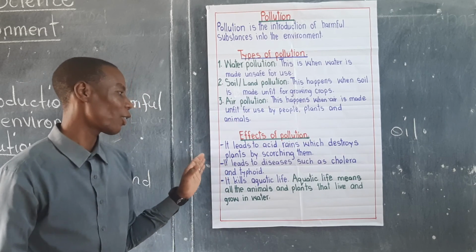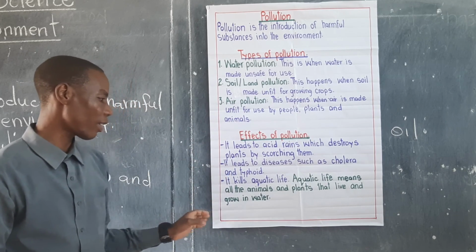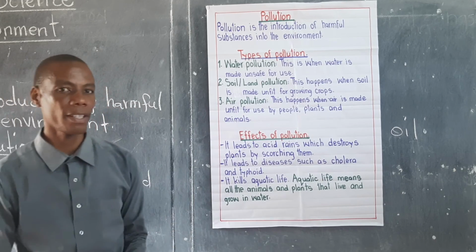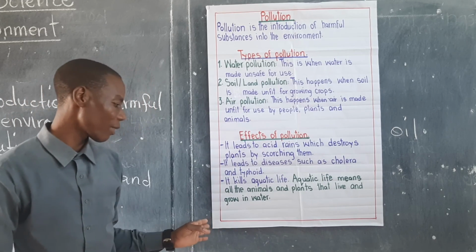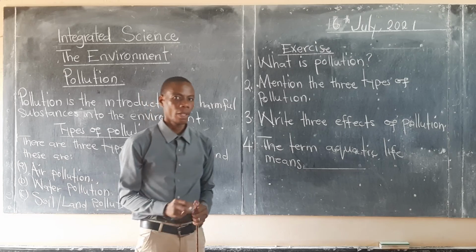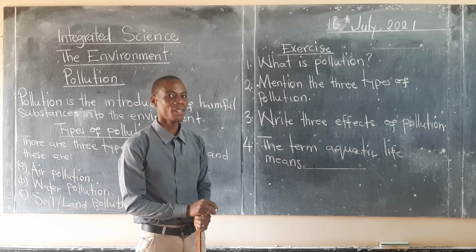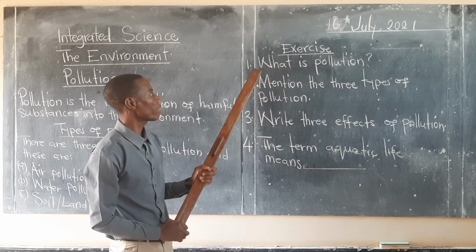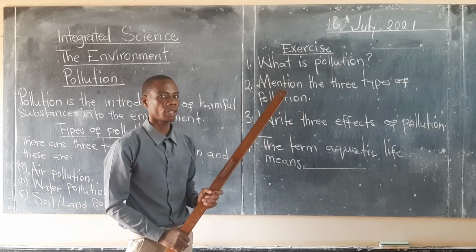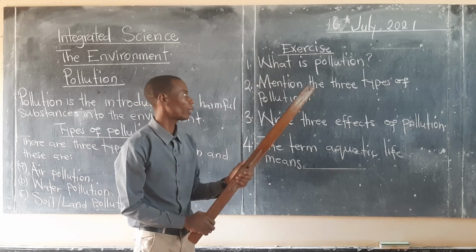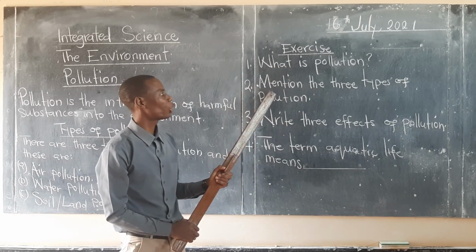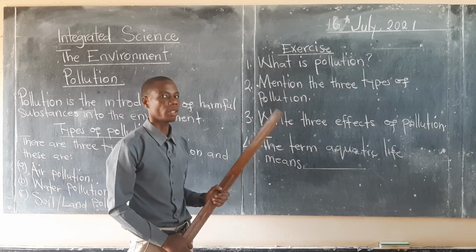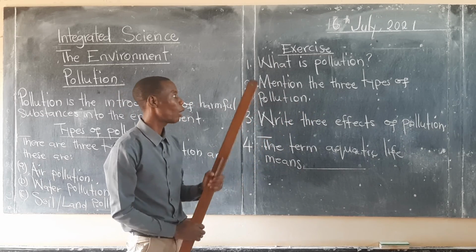I have a short exercise which I request everyone to do back there at home. Prepare your books as well as your pens. Okay, so as promised, here is the short exercise. Number one says, what is pollution? Number two, mention the three types of pollution.